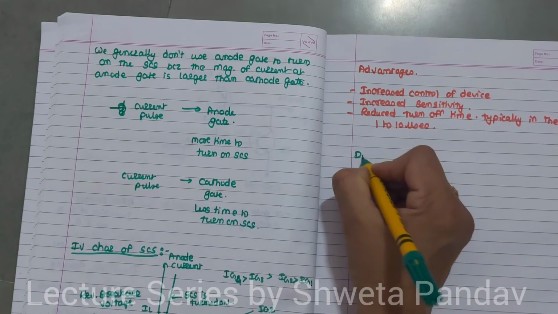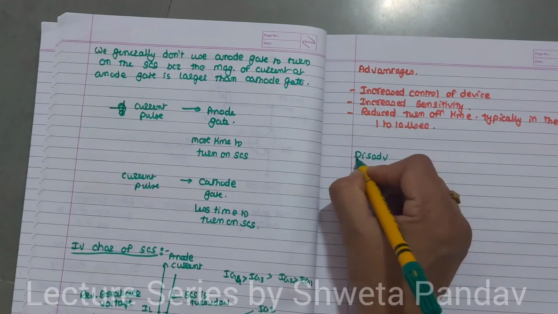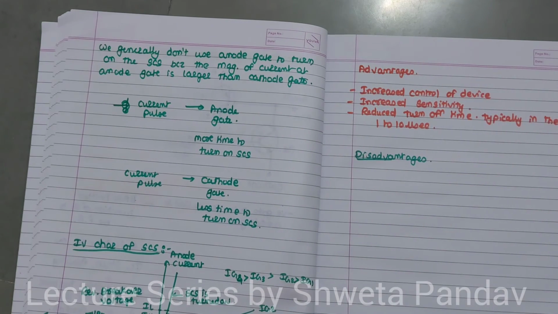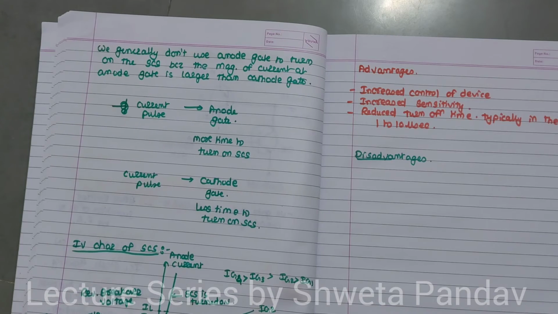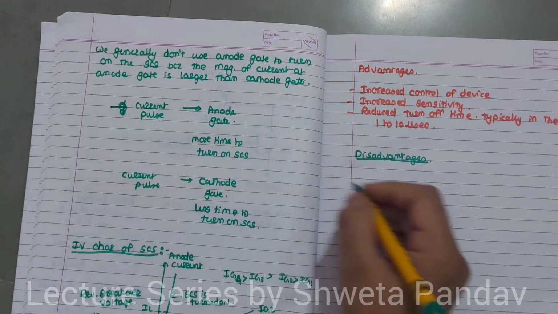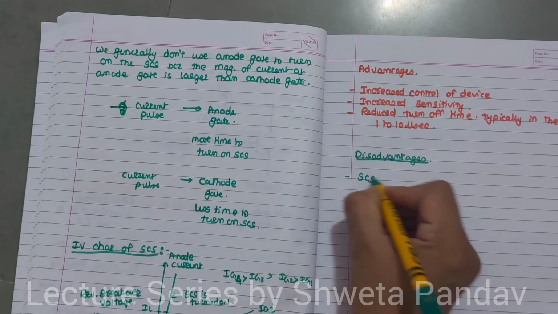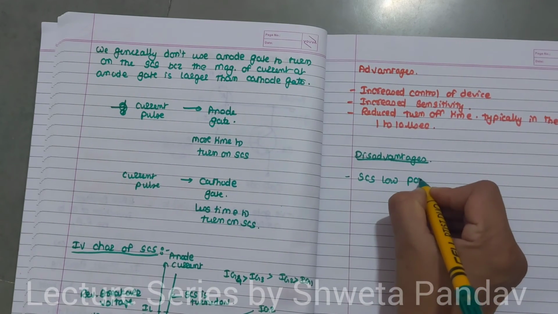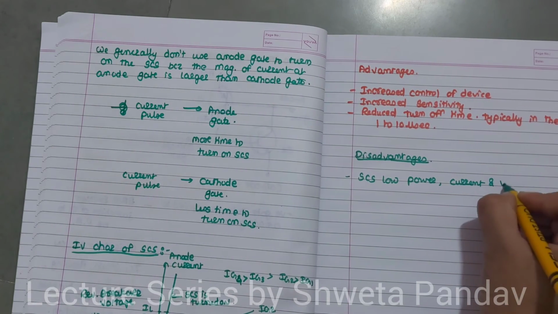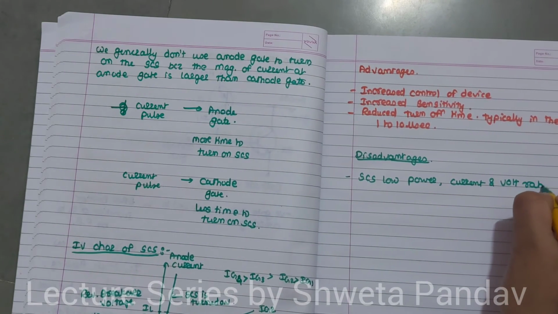Now what are its disadvantages? The SCS has low power, current and voltage rating as compared to the SCR.